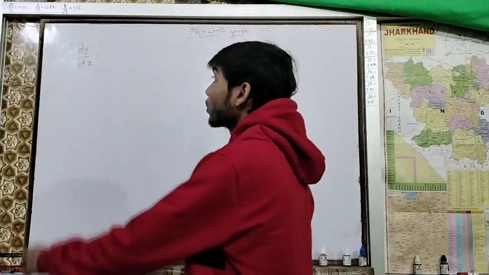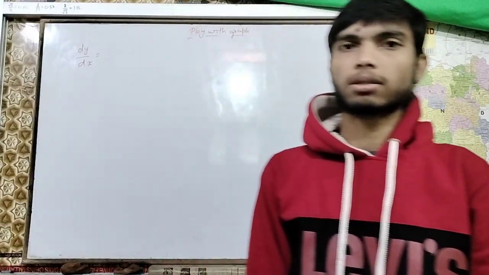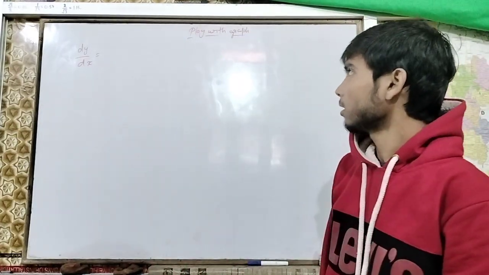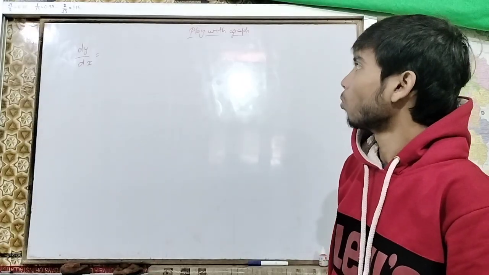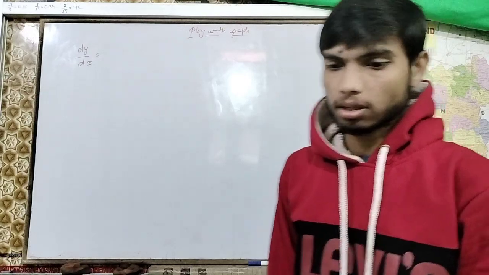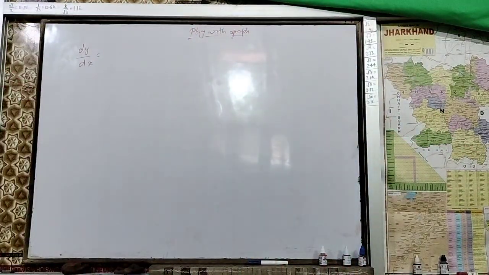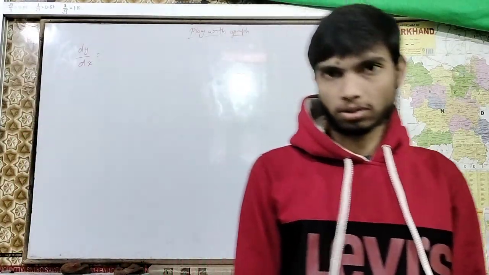Here I wrote dy upon dx. What are you understanding by this? D over here means differentiation. Y is an axis, x is also an axis. Here you need to understand, y will change according to x.